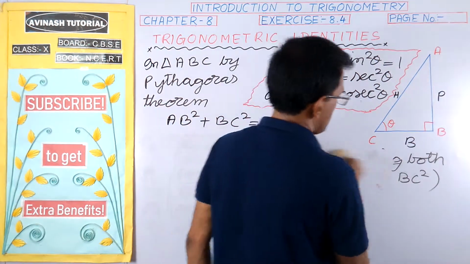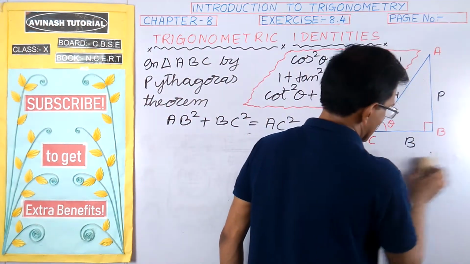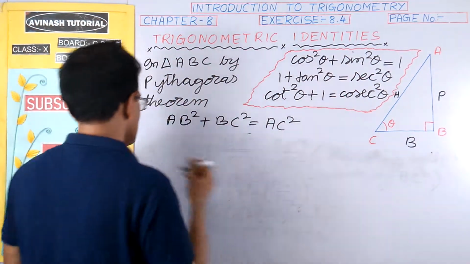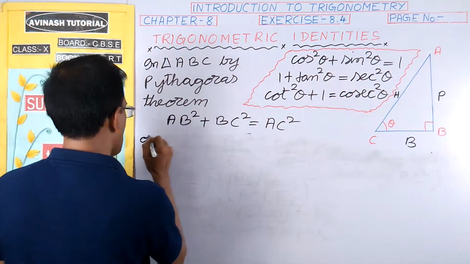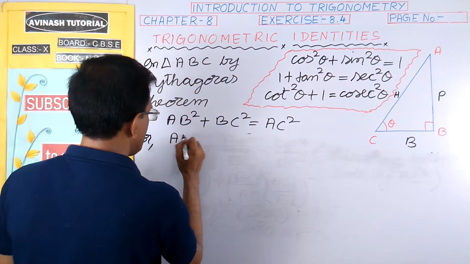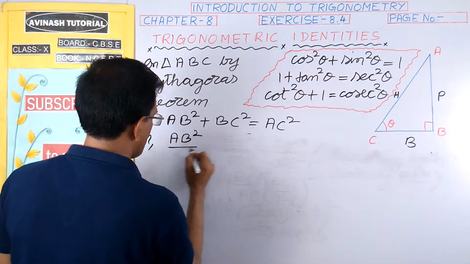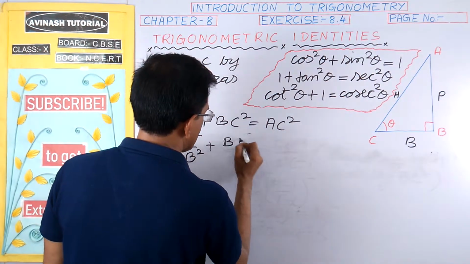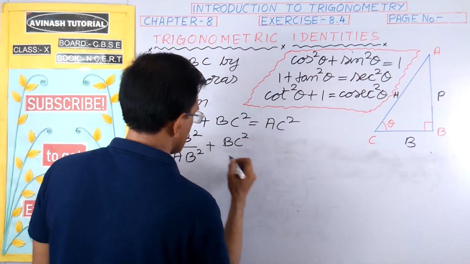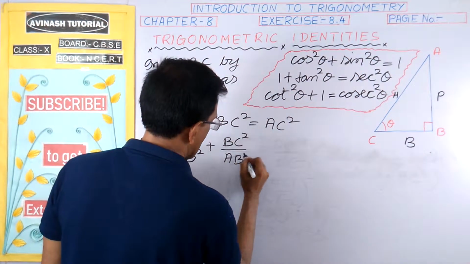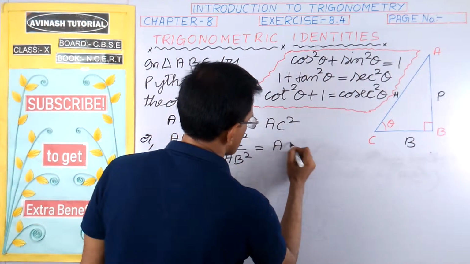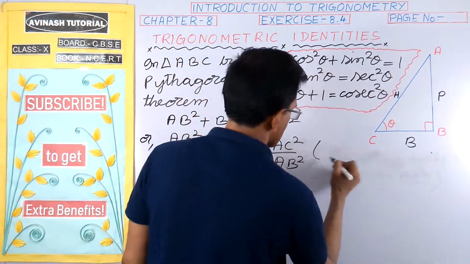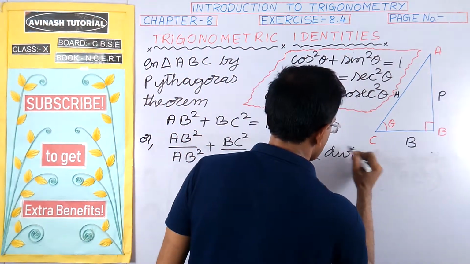Now we will divide both sides by AB square. Now let us see what happens. AB square by AB square plus BC square by AB square is equal to AC square by AB square.